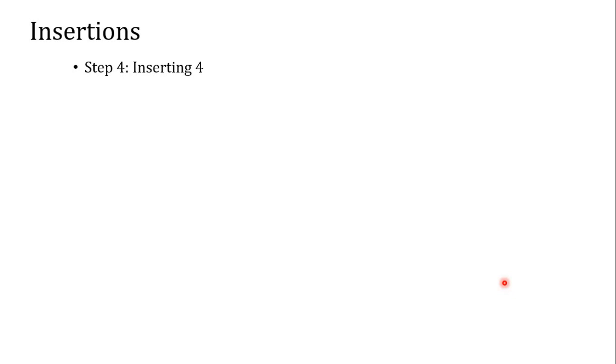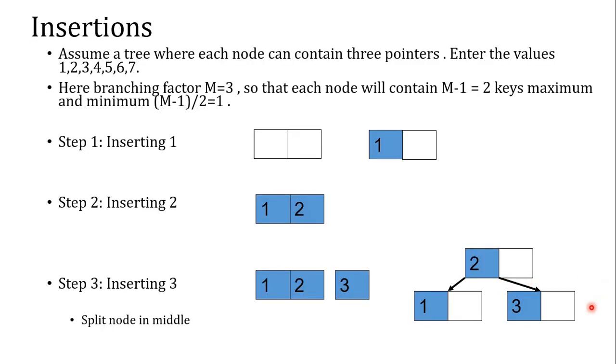Now if we want to insert 4, what will happen? There are free spaces here. As we want to insert 4, 4 is greater than 2, so it will go to the right hand side of 2, and there is 1 blank space just after the 3 because it is not occupied, so we can insert 4 here.